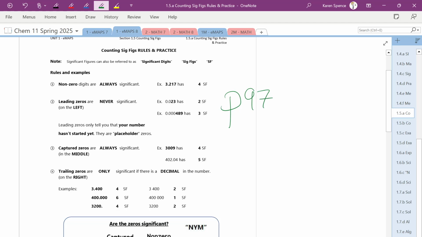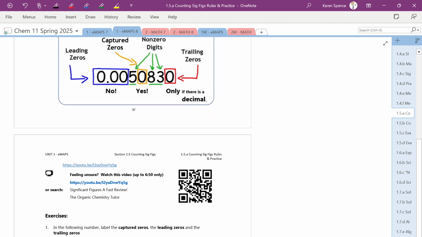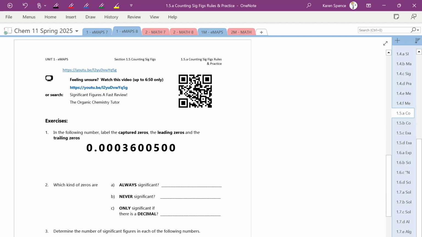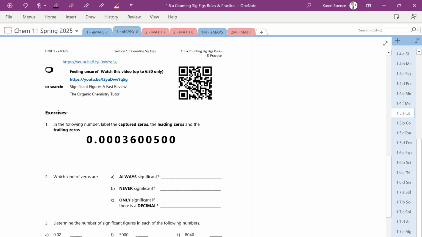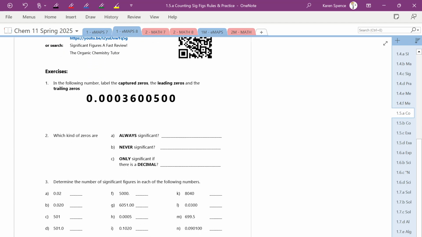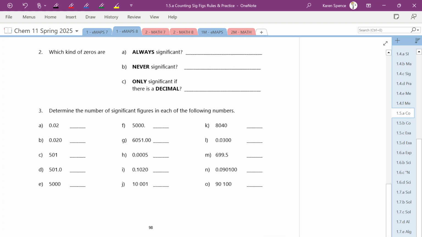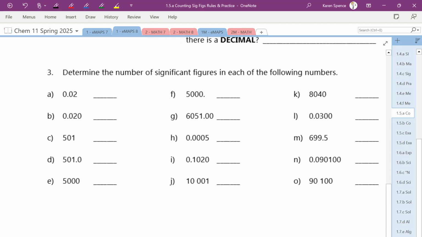Page 97 gives you the rules. So if you have your book open, you'll have the rules there. And then on the next page, you can see we have some exercises. I would suggest that you're probably okay with 1 and 2. Don't spend much time doing 1 and 2. I would move on to number 3.